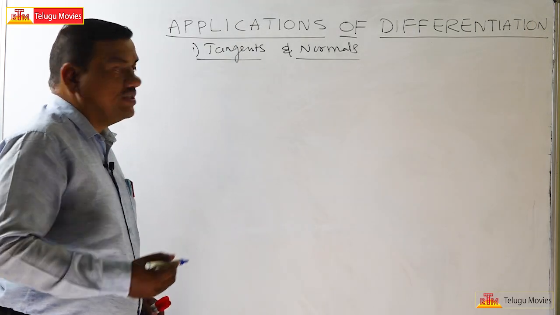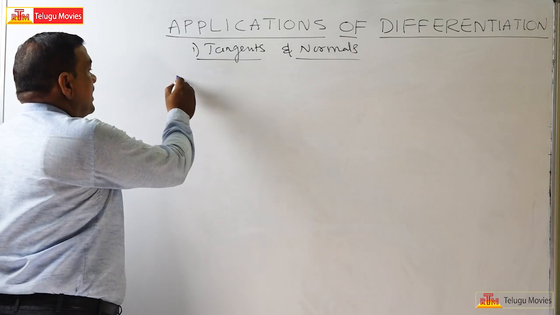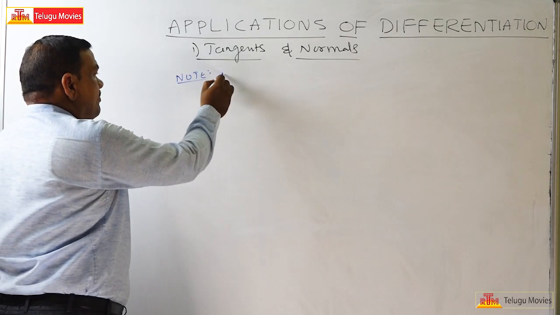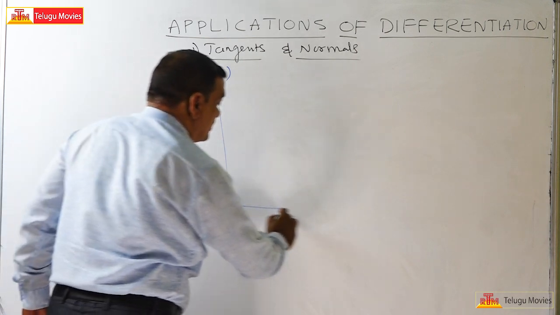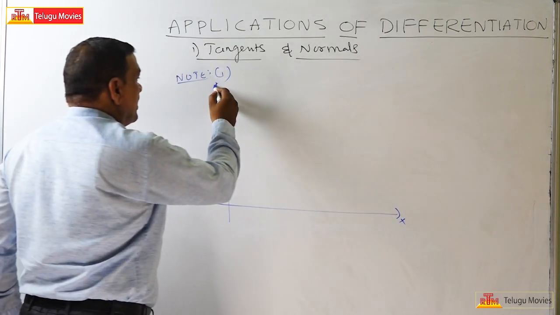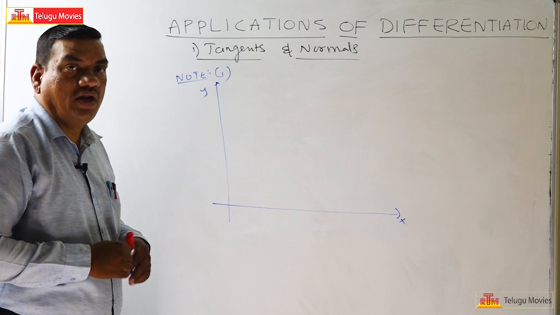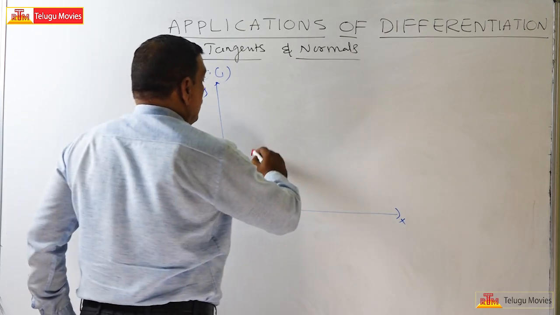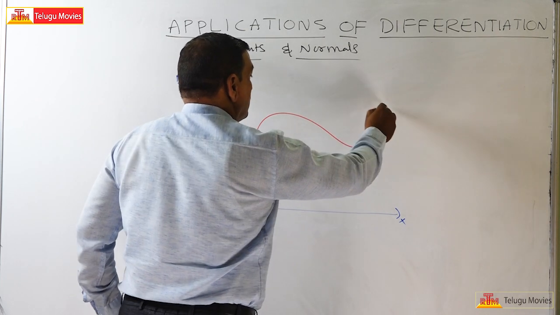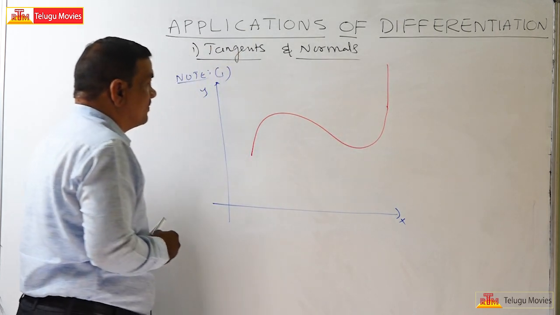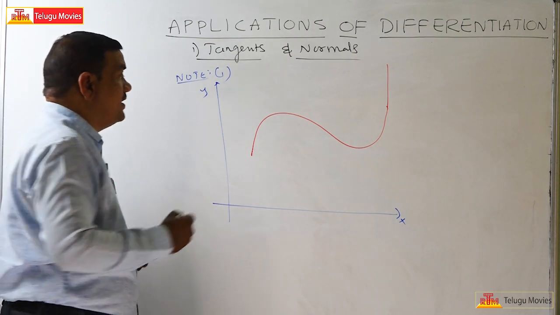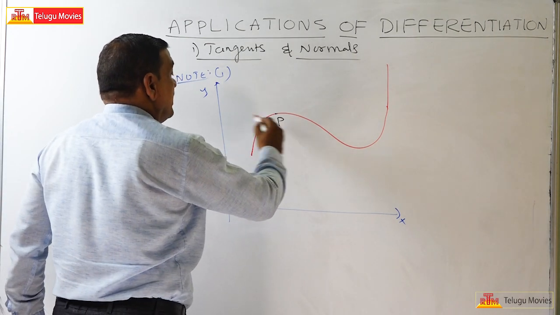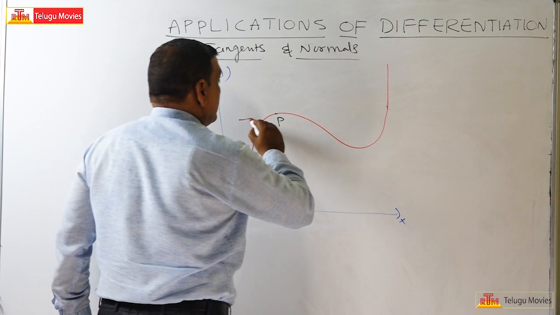A very important note point: let us take the x-axis and y-axis, and a curve like this. At a point P there is a tangent.